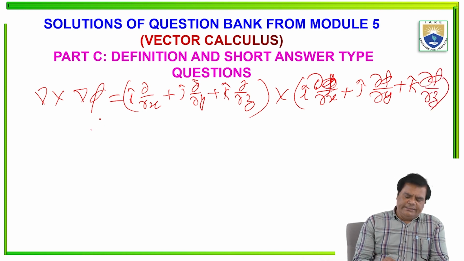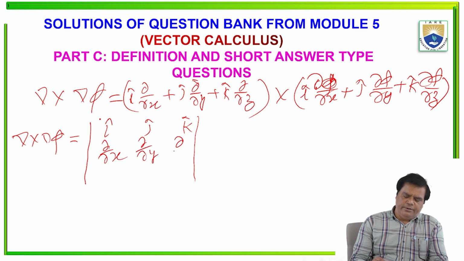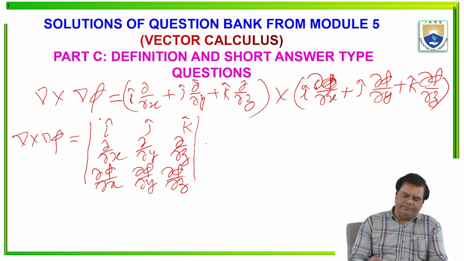Now writing del cross del phi as a determinant with i, j and k: first row ∂/∂x, ∂/∂y, ∂/∂z, second row ∂phi/∂x, ∂phi/∂y, ∂phi/∂z.